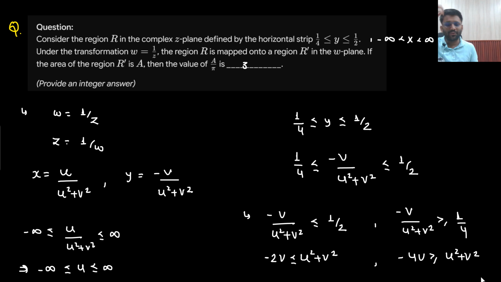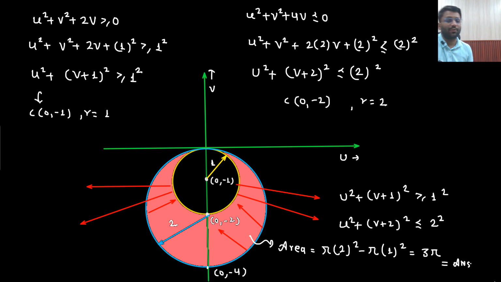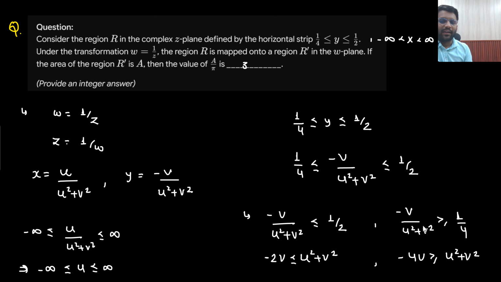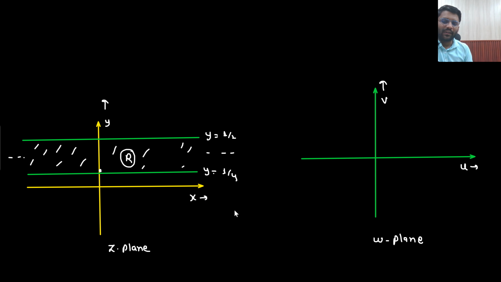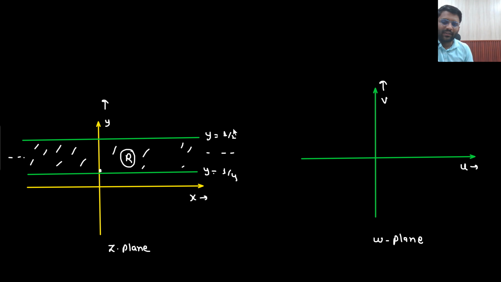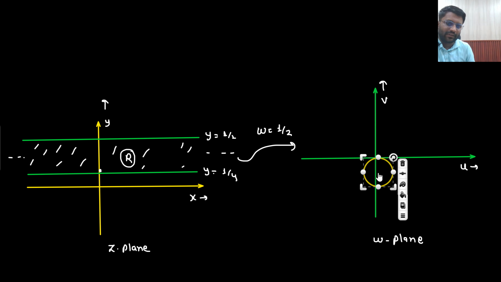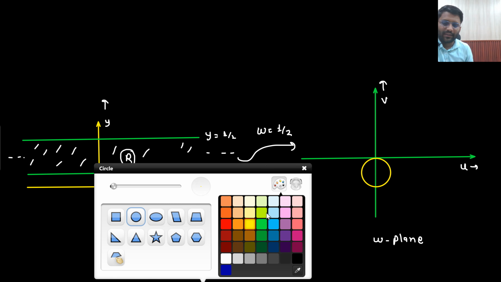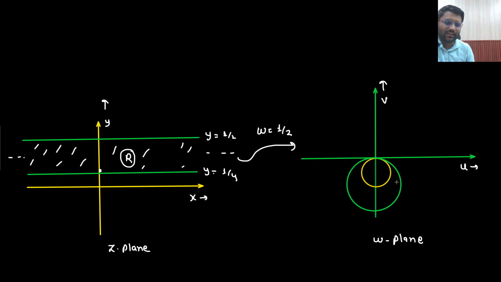These kind of questions could be introduced in your examination hall in near future for sure. Basically what you have understood here is that under the influence of the function omega equals to 1 by z, this particular region has been plotted as a region between two circles, which would look somewhat like this.